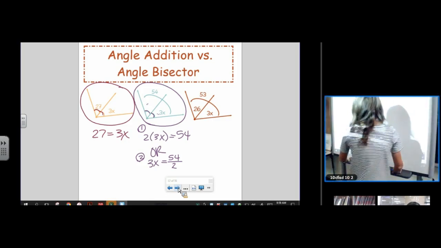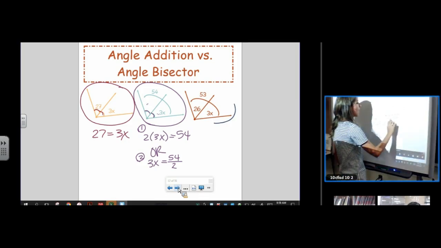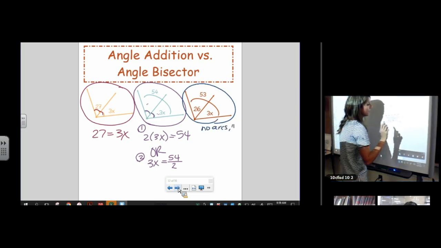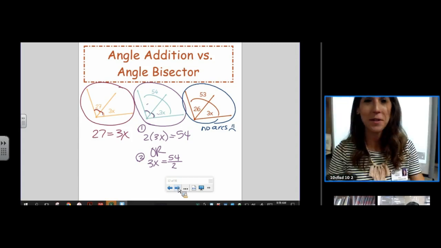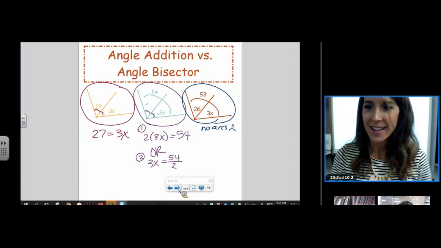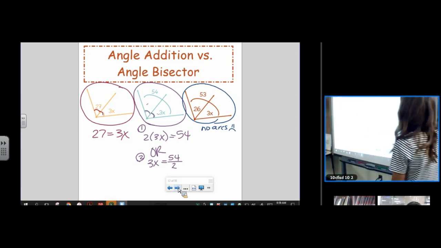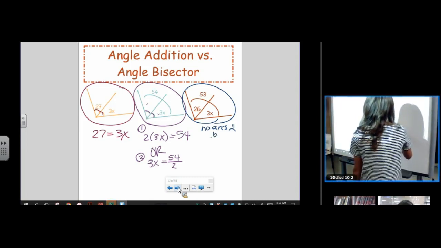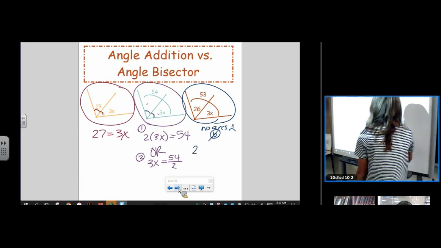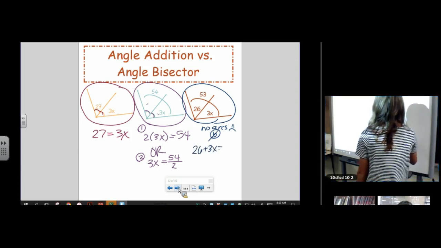Now this last situation does not have arcs. So what we're not going to do is just set those equal because my students do that: 26 equals 3x. No, when there's no arcs, it is not a bisector, so then we go back into part plus part equals whole.